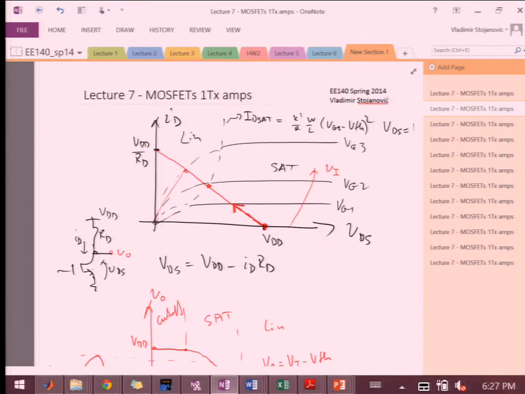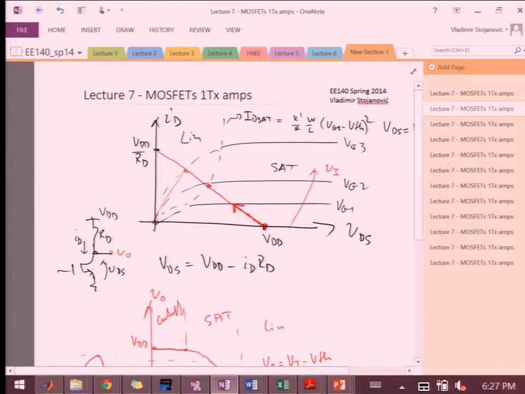So it will be dividing the voltage between its own resistance and the resistance of the load. And that's what happens here. Now it becomes a resistor. So the output voltage is the resistance, basically this slope, divided by the sum of the two, right?